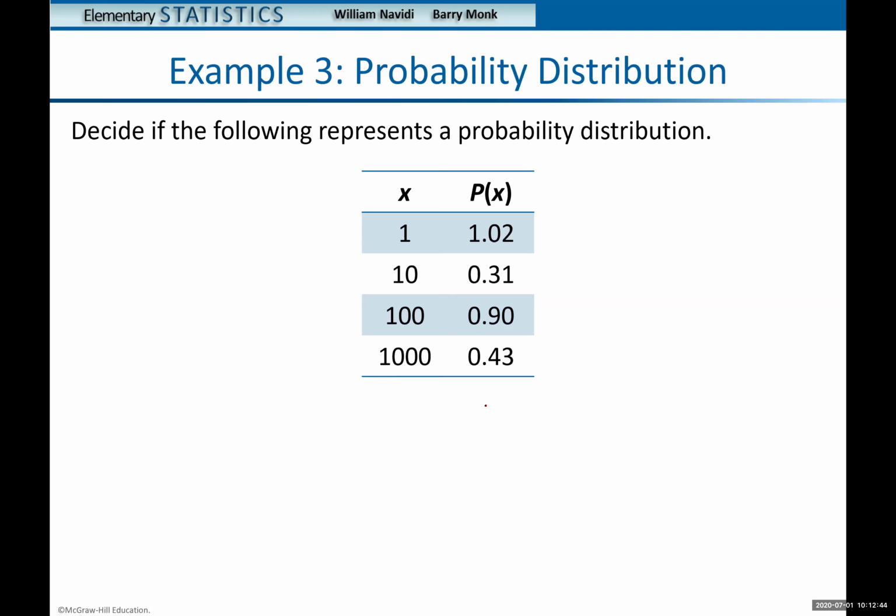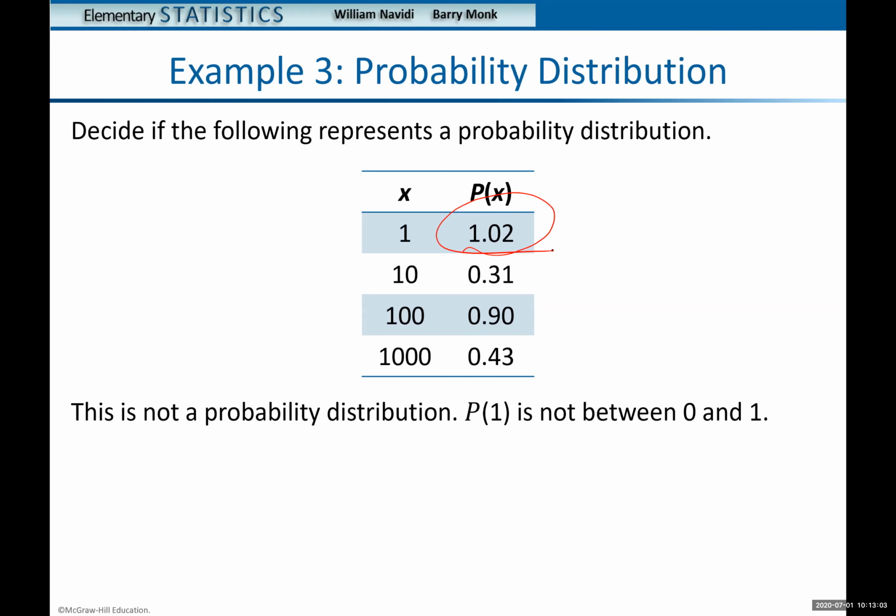What do you think? No, because it adds up to more than 1. Yes, or just the very first one. P of 1 is 1.02 because your probability should be between 0 and 1 only.